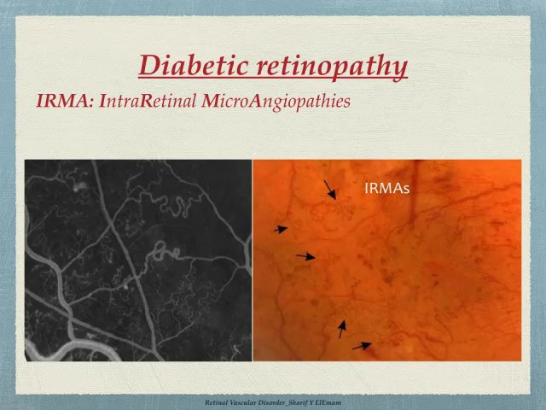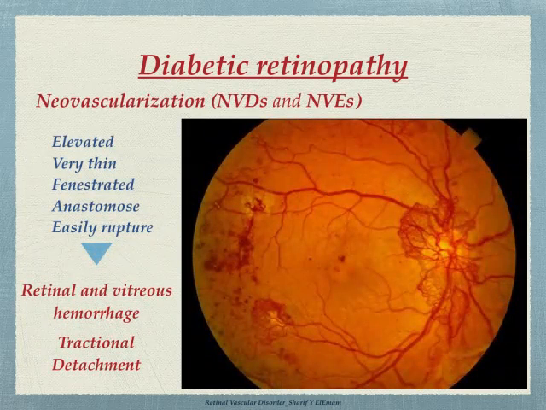These are two photos. One of them is the color photo on the right and the fluorescein angiography photo on the left, showing the IRMA, or intraretinal microangiopathies, that can happen due to ischemic changes happening in diabetic patients, and also new vascularization or abnormal blood vessels. This is a color photo of the right eye, showing NVDs, present at the disc.